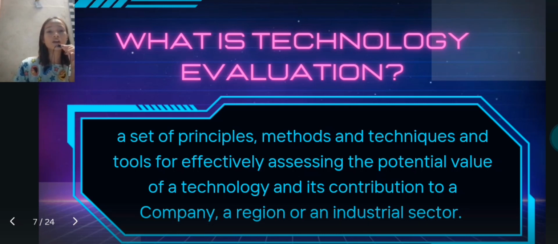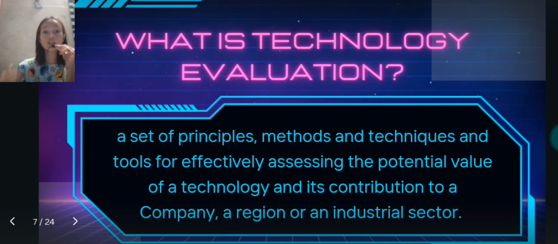We have different definitions of technology evaluation from different researchers and specialists, but I have here a summarized definition from those researchers. It stated that technology evaluation in policy studies emphasizes its role in assessing societal impacts and establishing early warning systems for effective technological management.